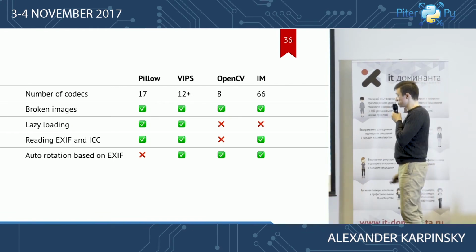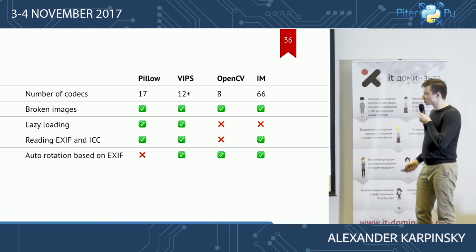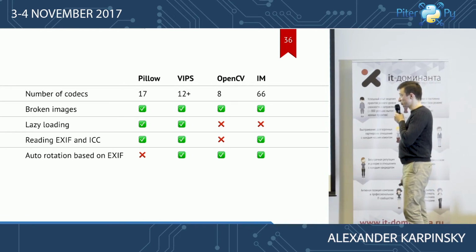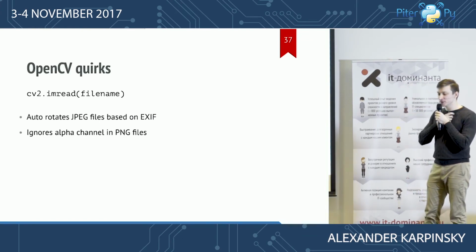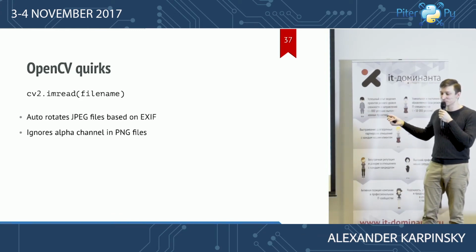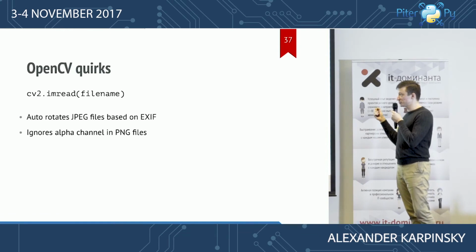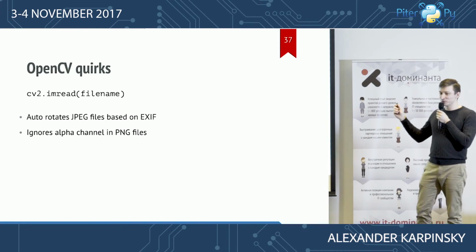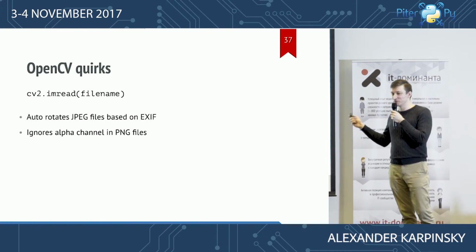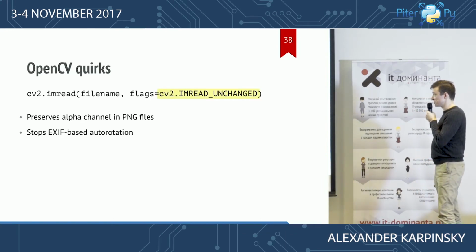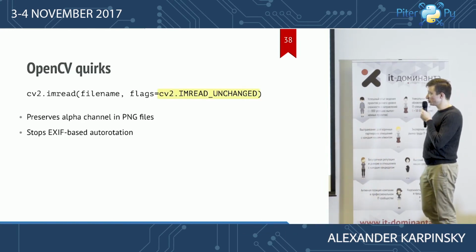If you look at this table attentively, you can see that OpenCV has fewer features and fewer codecs, and OpenCV also has some other quirks. If we try to open a certain image, and we don't know what the image is, if it's a JPEG, it rotates it based on EXIF, but it's a long file, and it ignores the alpha channel if it's a PNG file, and other strange things.